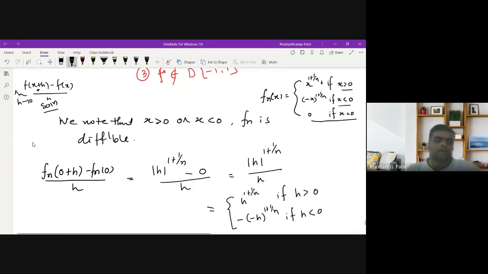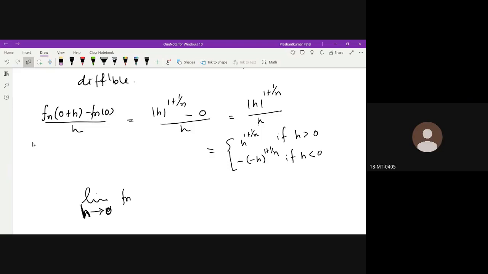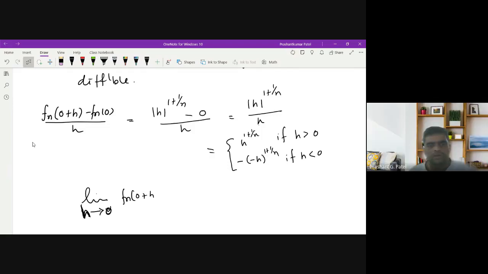Now if I take the limit on both sides, n tends to infinity, sorry, h tends to 0. If I take the limit as h tends to 0 of fn at 0 plus h minus fn at 0 upon h, then the limit of this function will be the limit of this.